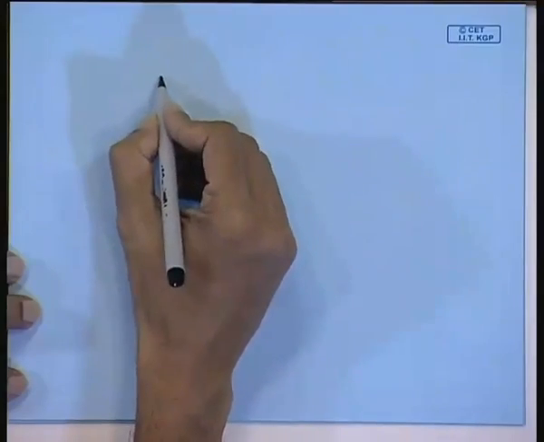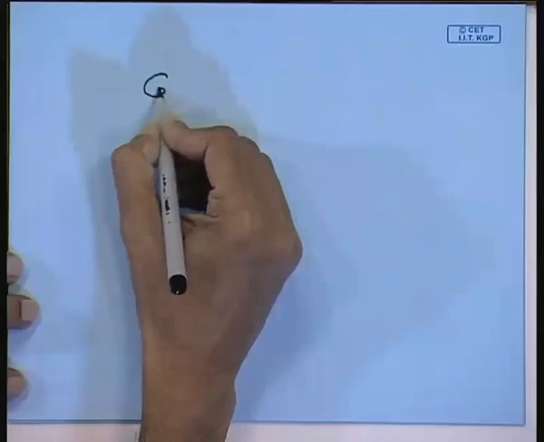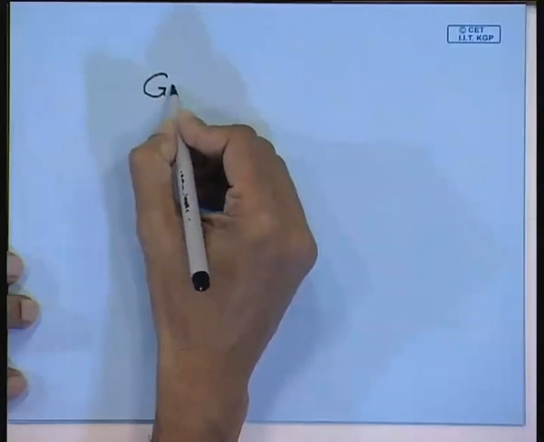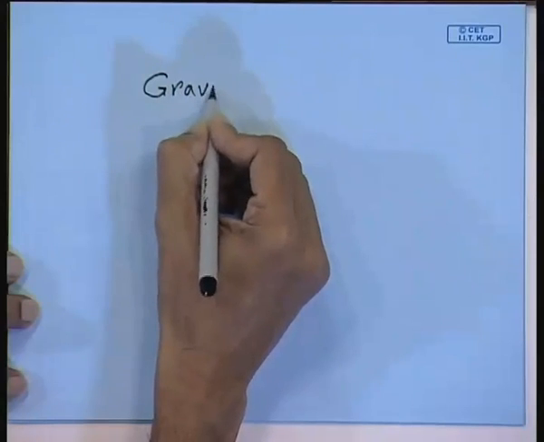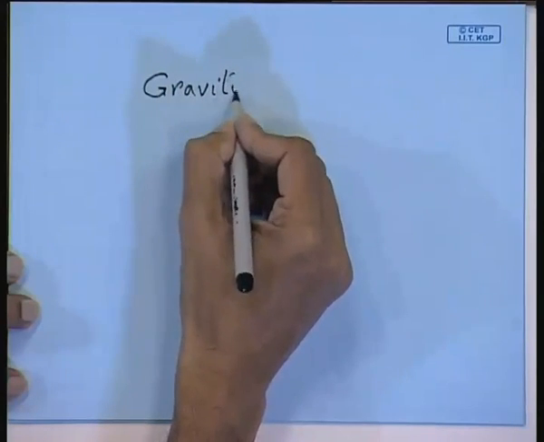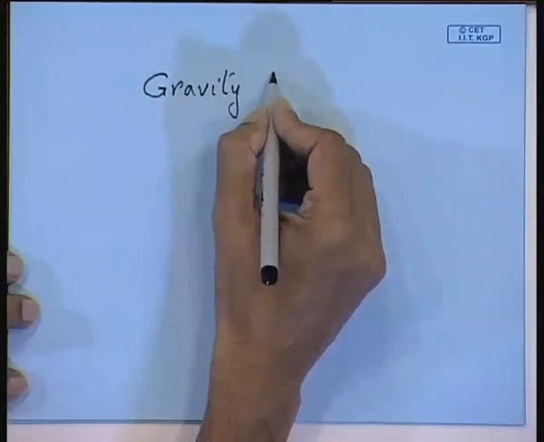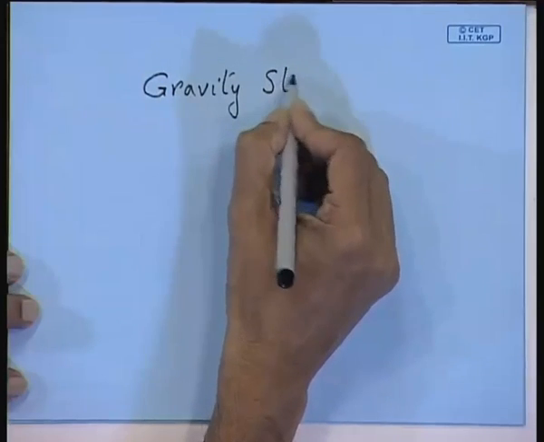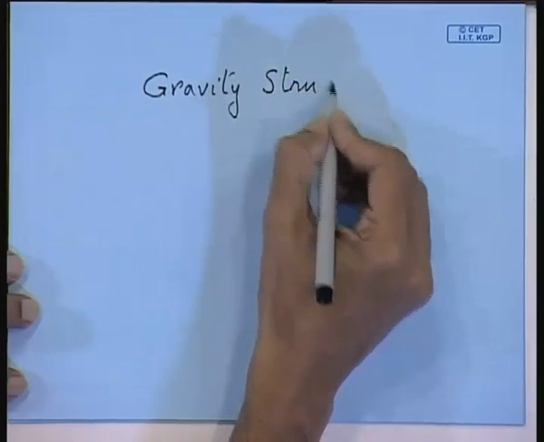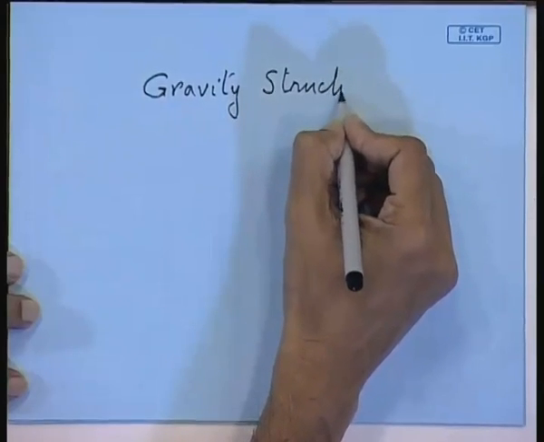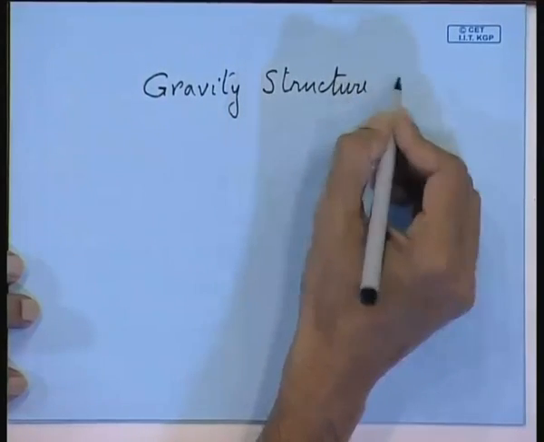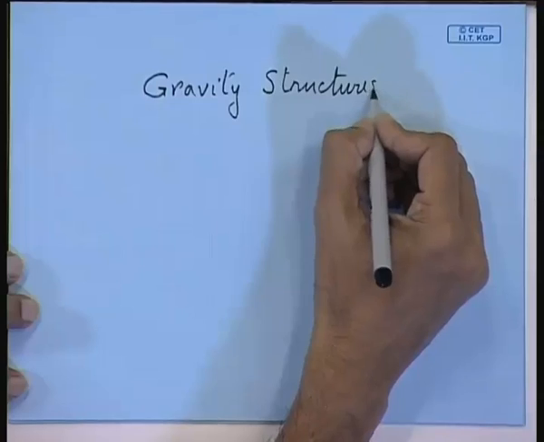So, next part of the lecture will be on gravity structures. Now, the basic thing that we have done in our structural analysis is why we are going for these two types of structures.